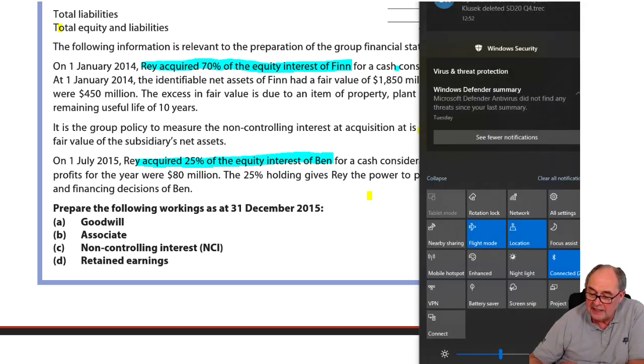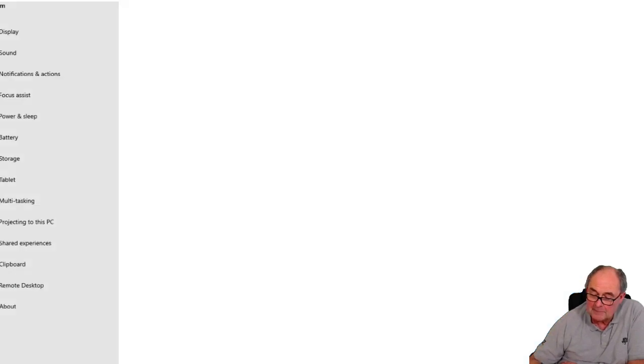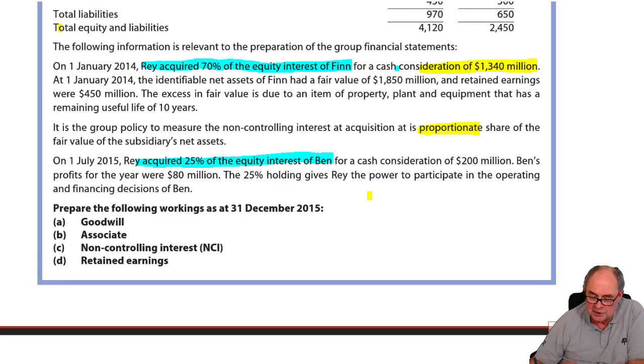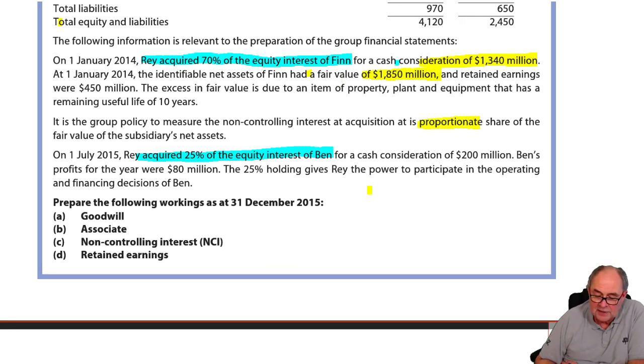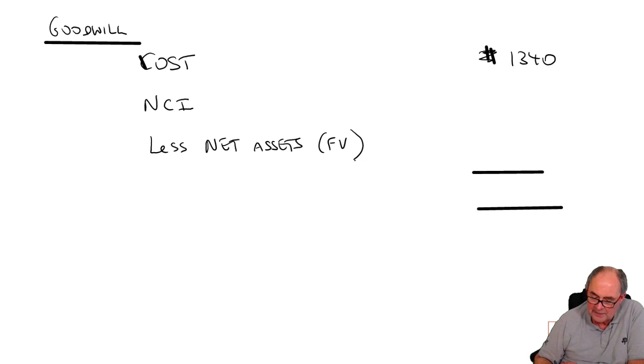Sorry, the screen just went strange for a second. So we need to do proportionate goodwill. Until we know the net assets, we can't work that out. But we are told that the net assets of the company that we acquired have a fair value of $18.50. The figure that you're looking for is the fair value. So the net assets, $18.50.